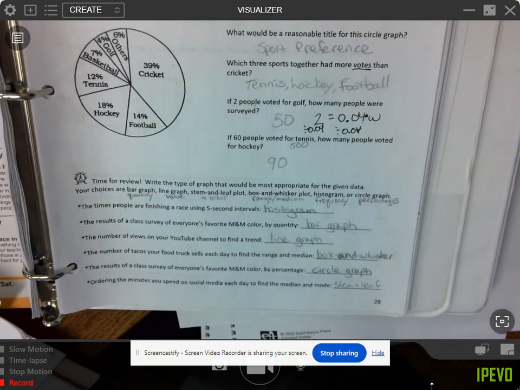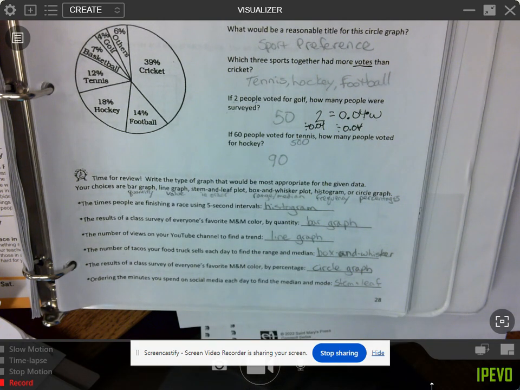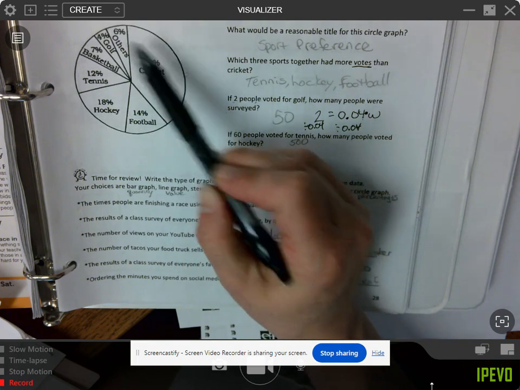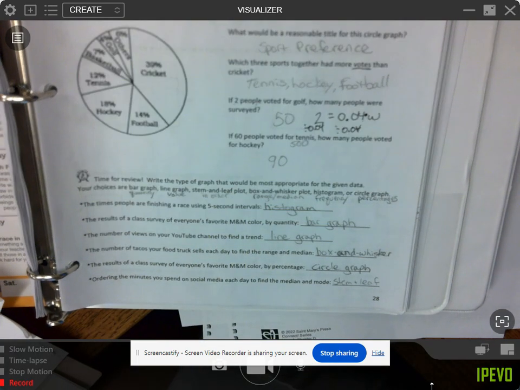If I surveyed our class right now, I could make a circle graph, and there are 20 of you in here right now. So if I surveyed us right now, what is your sport of choice? I could make a circle graph with different percentages. All those percentages would equal up to 100. We can't assume it's always 100 people.